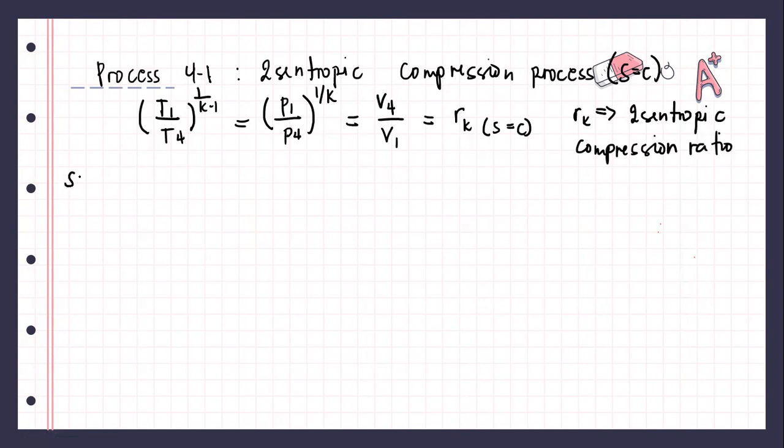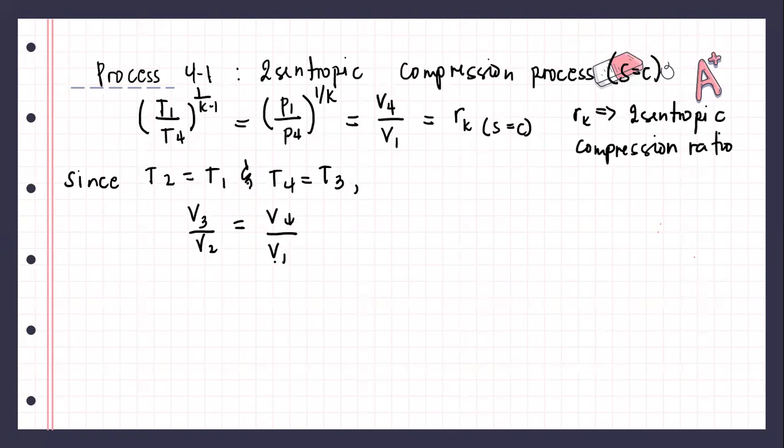Since T2 is equal to T1 and T4 is equal to T3, hence your V3 over V2 is equal to V4 over V1.